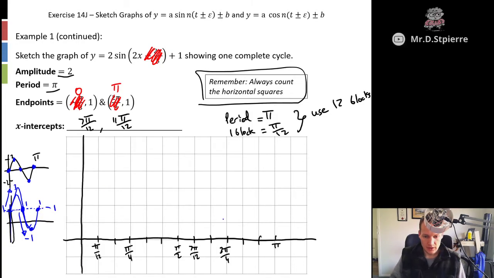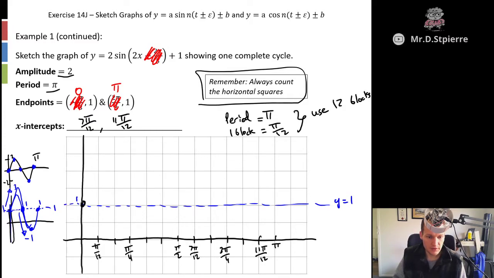So let's try and sketch that in now that we've visualized. You don't always have to put this dash line in. I just find it makes it easier. Okay, I'm going to say that's 1. We could label it as y equals 1 just to help out.